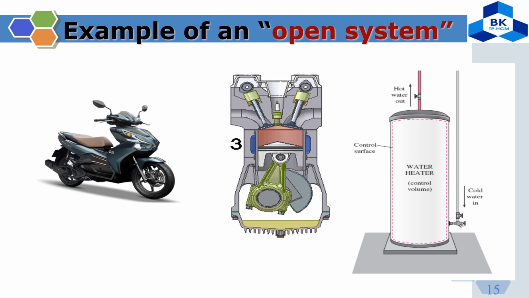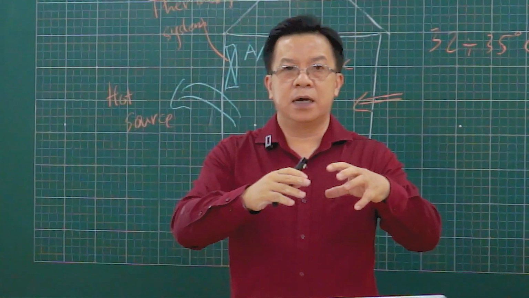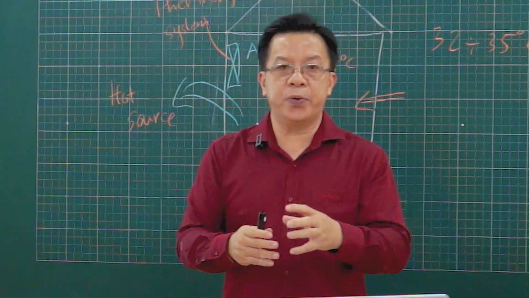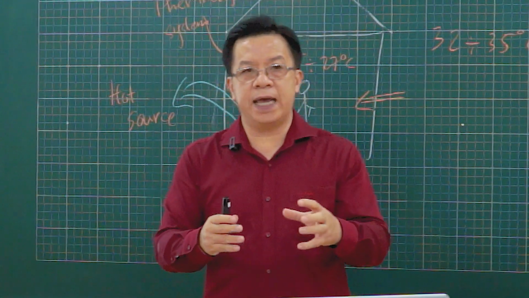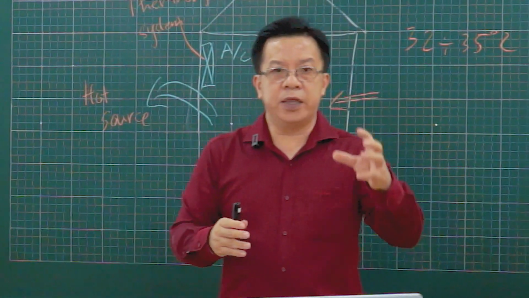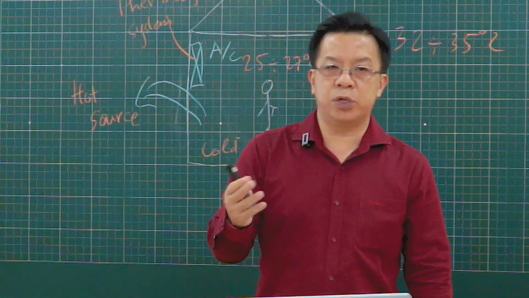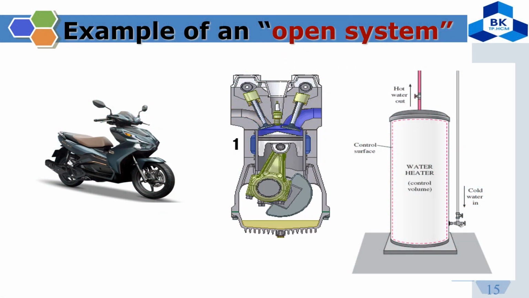So in this case, you see that the substance of the system transfers in or out of the boundary, or we can say there is contact between the substance in the system and the surroundings. So in the motorbike case, we have the open system.